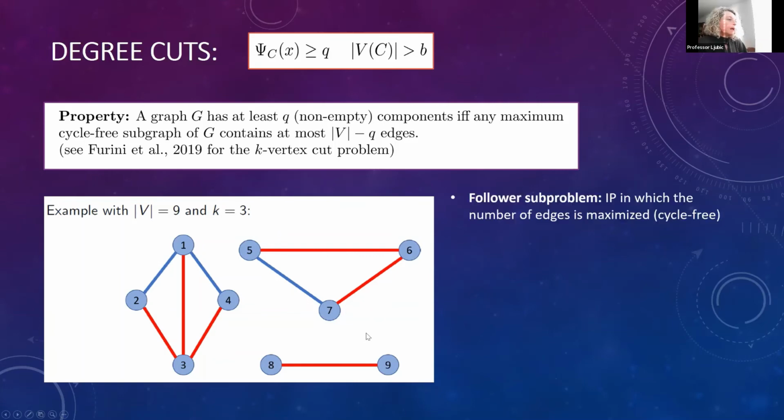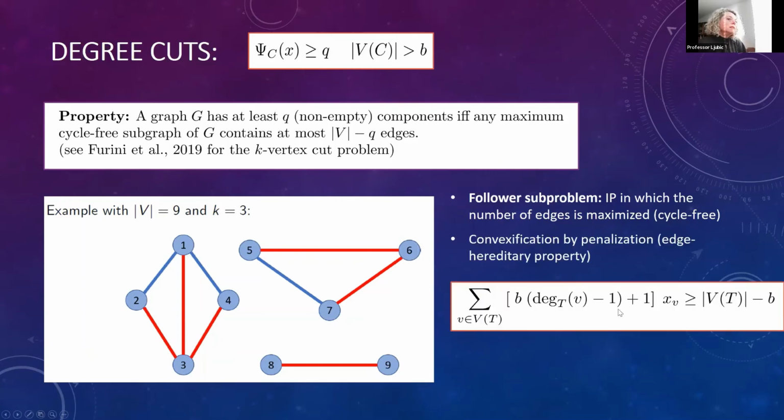By using this property, we model this function psi of C as an integer program in which we maximize the edges that we can put into a spanning forest after interdicting some of the vertices in the graph. Then we apply the convexification by penalization, and this is what we get as the final cuts.